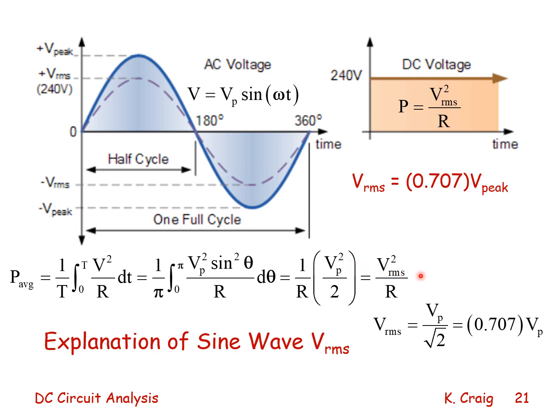And I calculate the RMS voltage from this expression to be the peak voltage divided by the square root of 2, or 0.707 times the peak voltage.